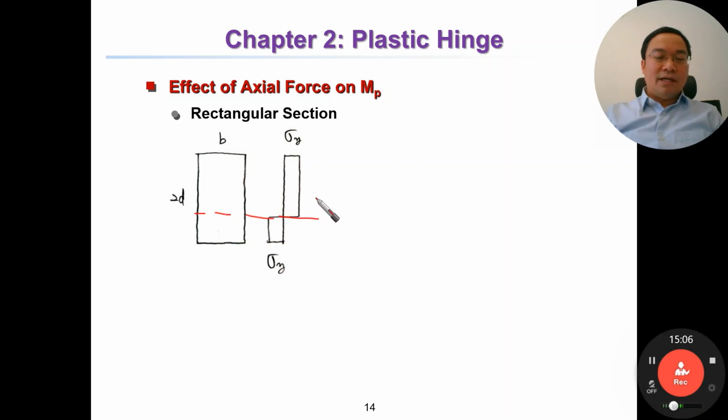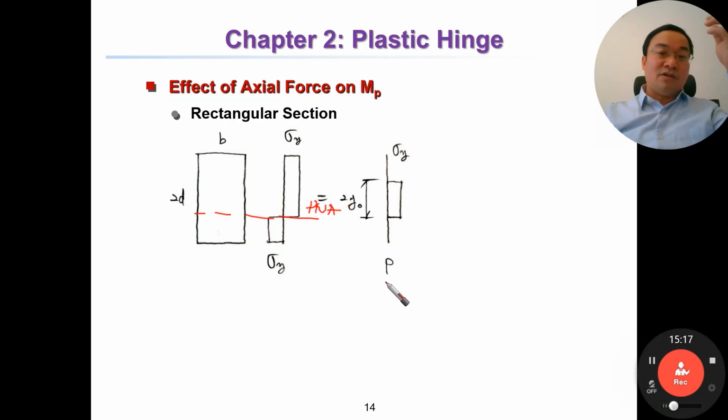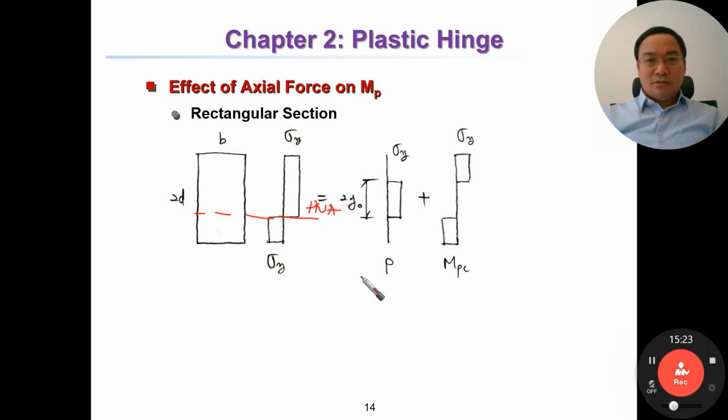So here is the PNA. It depends on the value of the axial force. It can be divided into two parts for convenience of calculation.